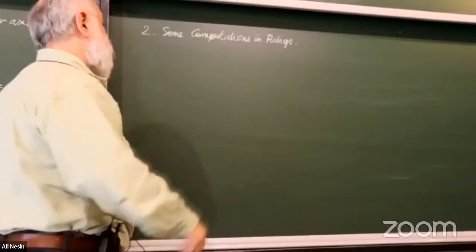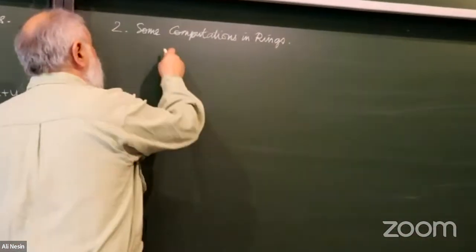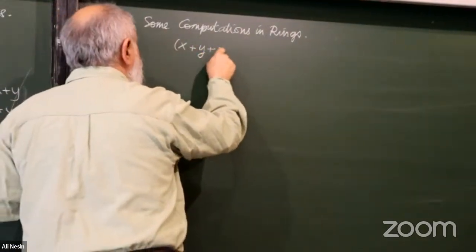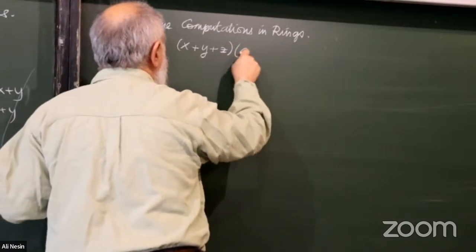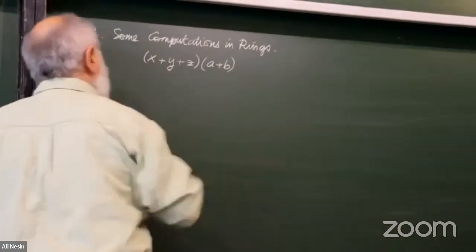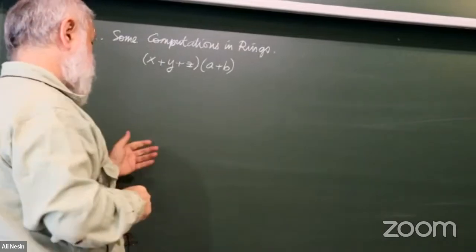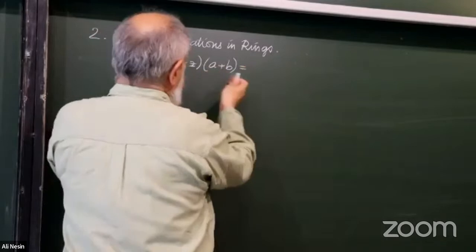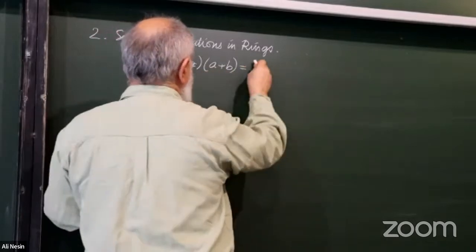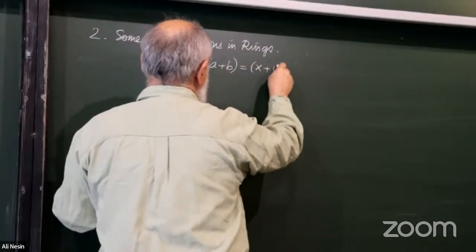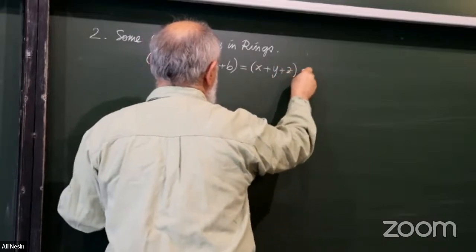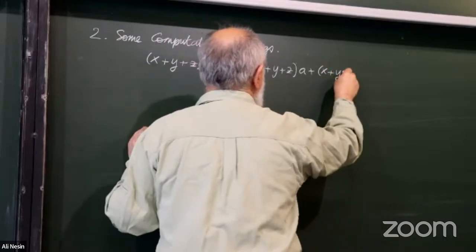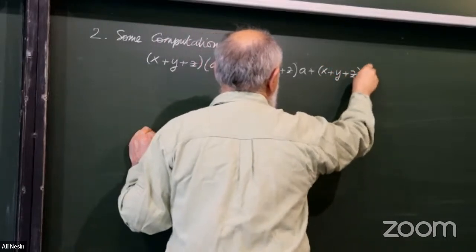Now, suppose we are in a ring and we want to compute something like x plus y plus z times a plus b, say. So we can use the distributive law. This will be x plus y plus z times a plus x plus y plus z times b.